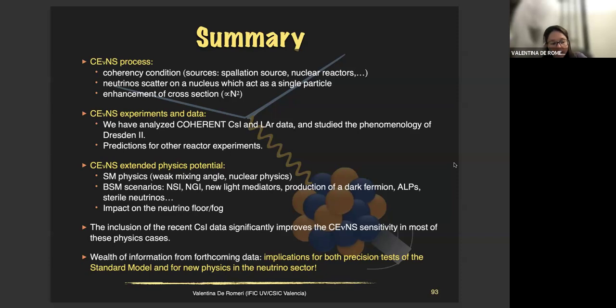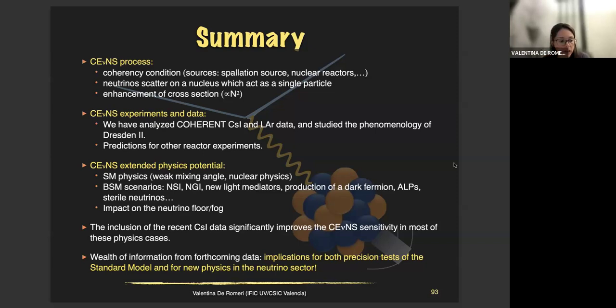So in general, I would say that the main relevant ingredient is indeed whether the targets are heavy nuclei or not, because you have this enhancement that depends on the mass of the nuclear target. On the other hand, for larger masses, the recoil energy is a bit smaller. So you have to find a balance between enhancing the cross section and still having an observable recoil.